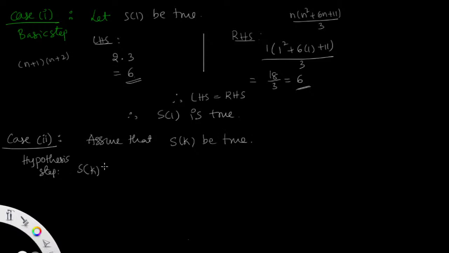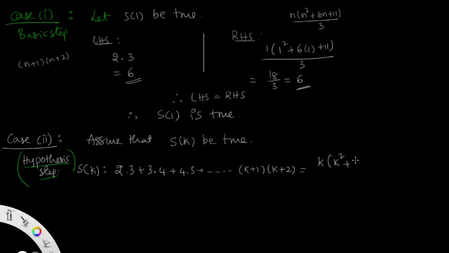Therefore S(k) is 2 into 3 plus 3 into 4 plus 4 into 5 and so on up to (k plus 1) into (k plus 2), which is equal to k into (k square plus 6k plus 11) divided by 3, where in the place of n we write k. Therefore, there is no change in the expression. Now S(k) is true.